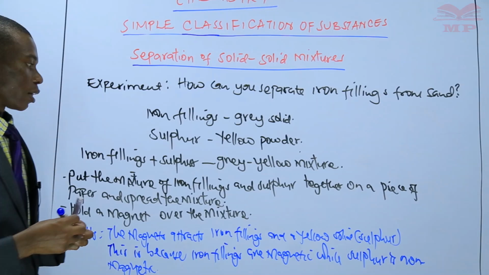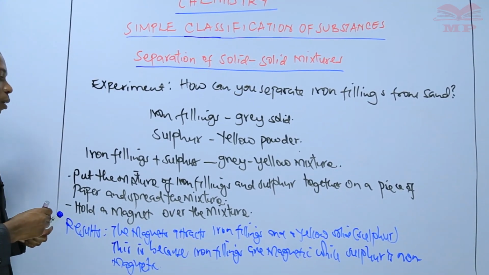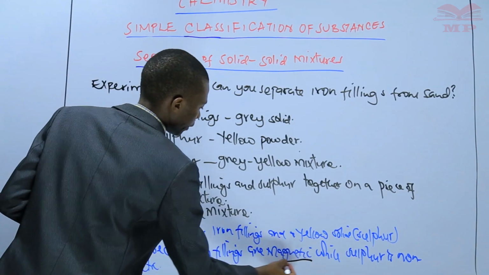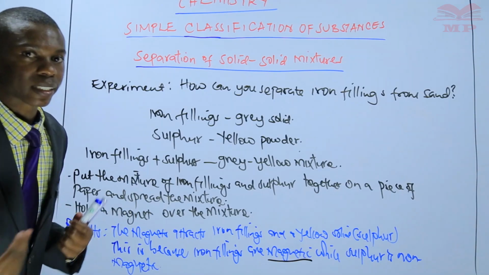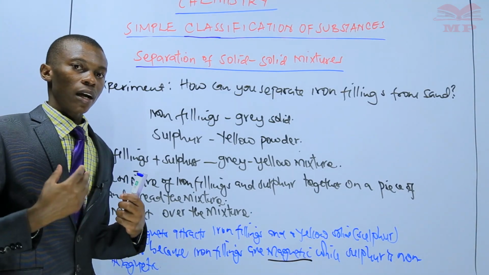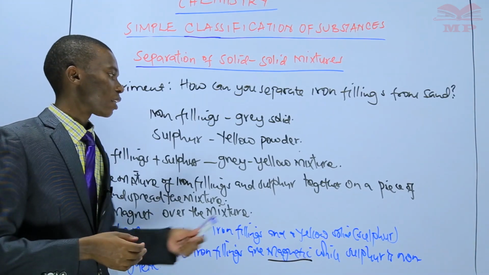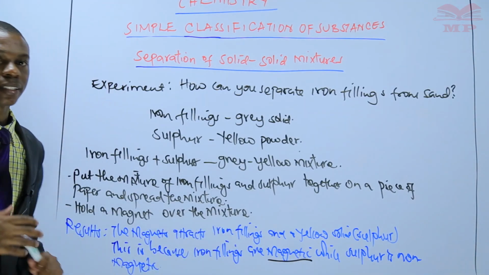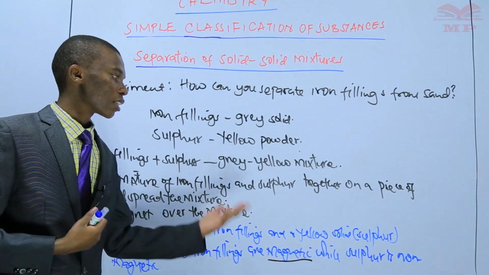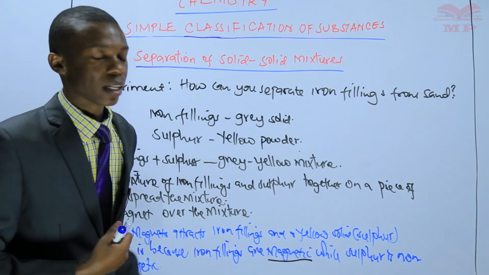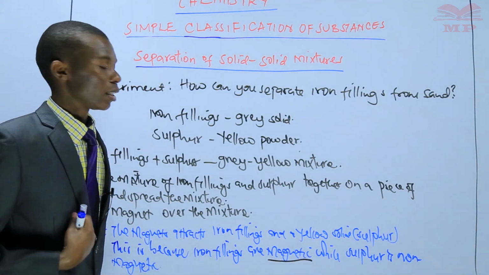Therefore, iron filings are magnetic, while sulfur is non-magnetic. What we mean by saying this magnetic is simply the ability to attract: iron filings can be attracted by the magnet, while sulfur cannot be attracted by the magnet.